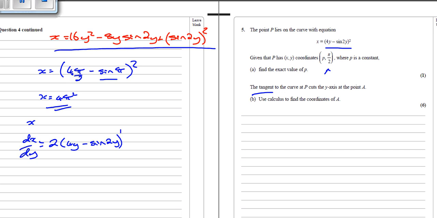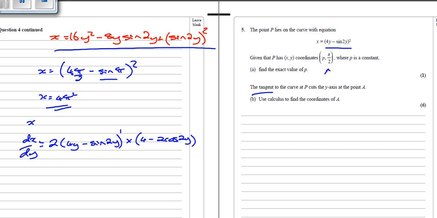Power of 1 times whatever's inside differentiated. So if we differentiate inside, we get 4, and we've got to differentiate minus sine 2y, so that's going to be minus 2 cos 2y. That's dx by dy.